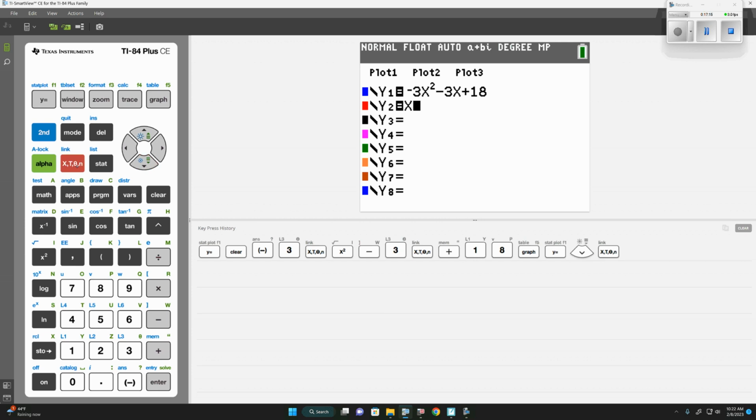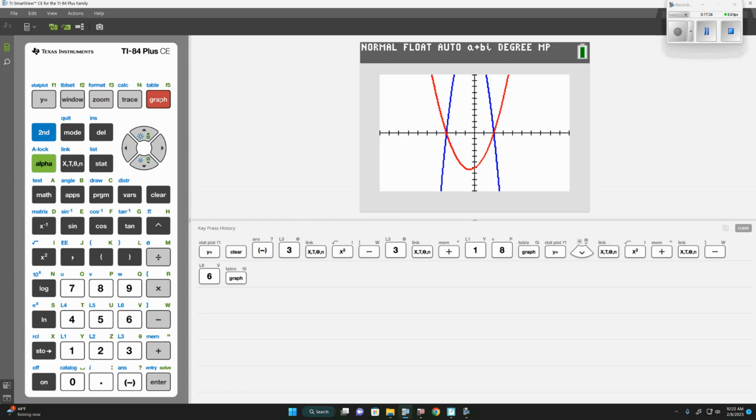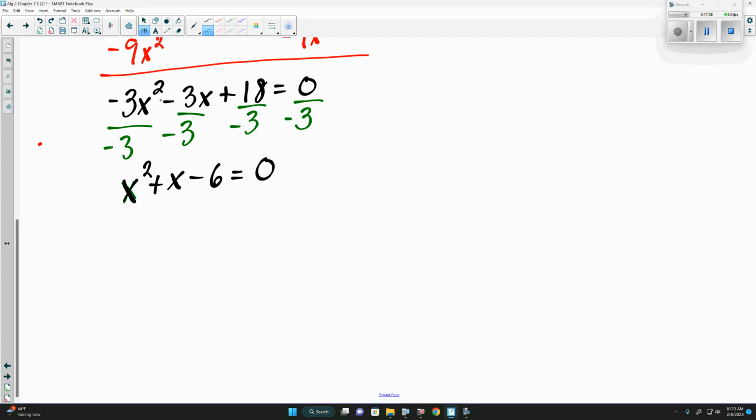Now, once we divided by negative 3, we got x squared plus x minus 6. And the one in red does go up. Everything on the graph did change, except for the 2 spots where it crossed the x-axis. So dividing by that negative 3 doesn't affect the solutions. It affects everything else, but it doesn't affect the solutions, and it does make it easier to work with.